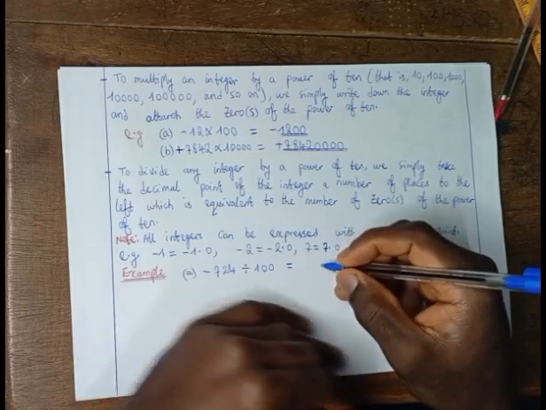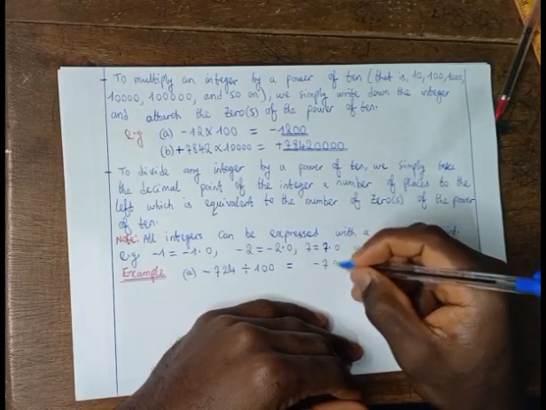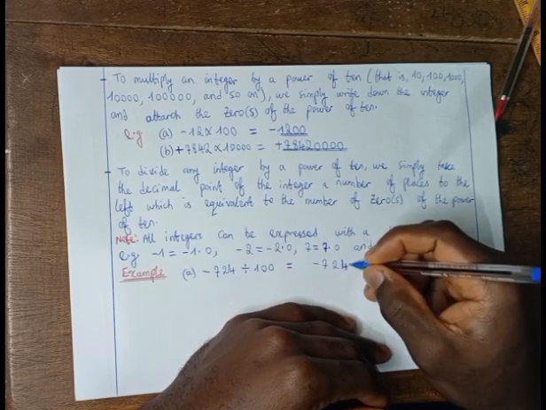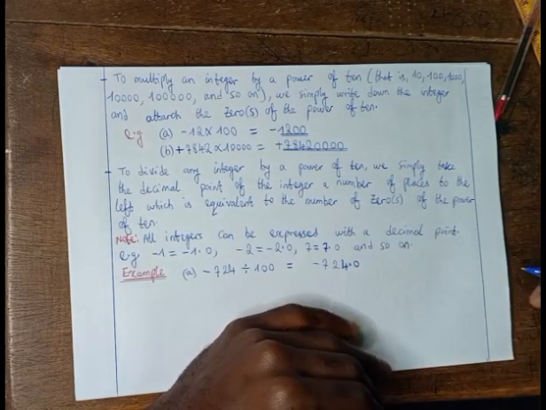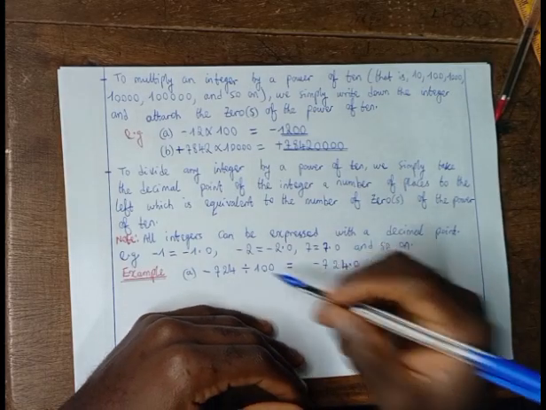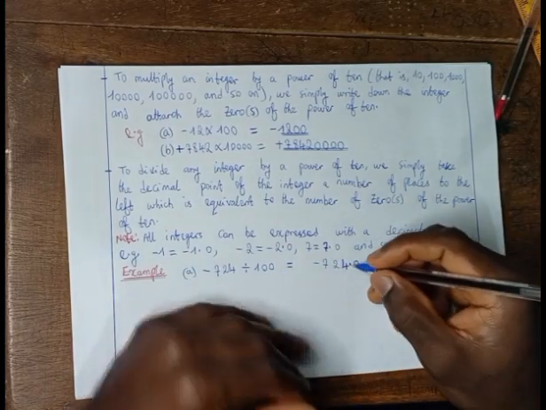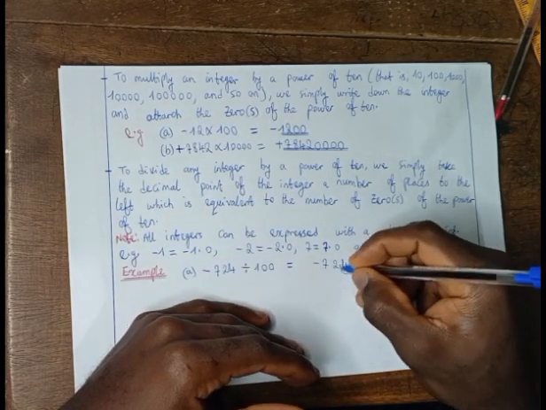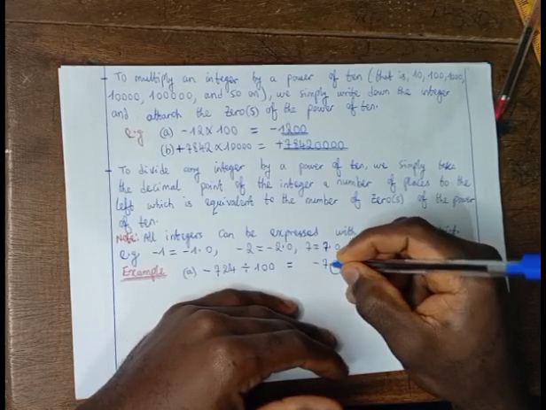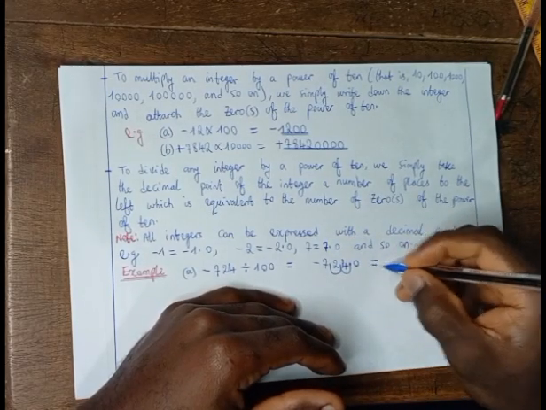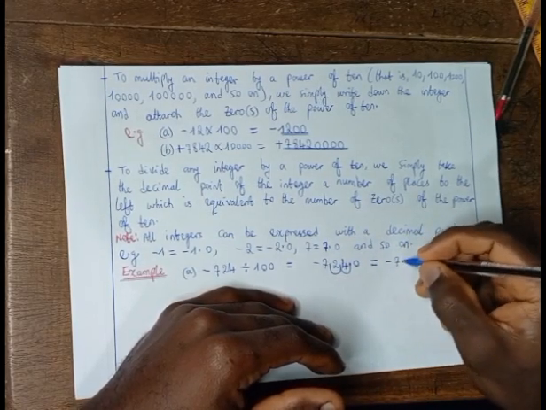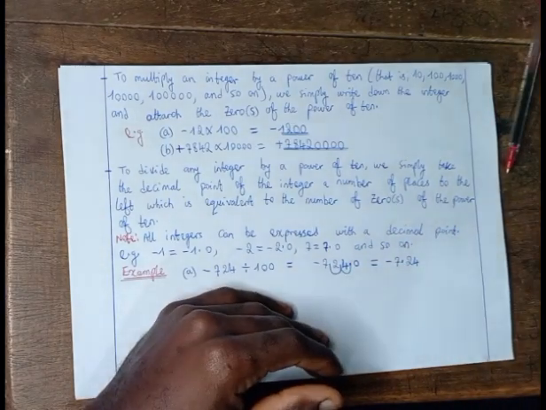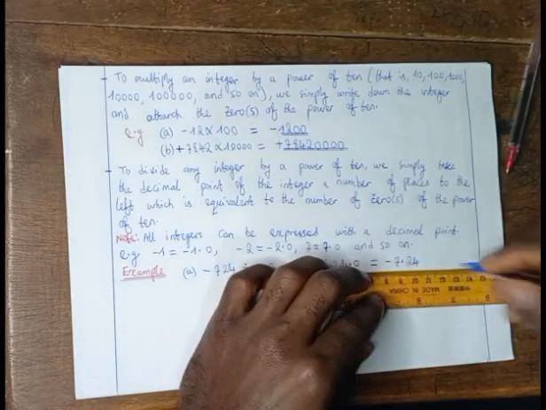We write down the number -724 with the decimal point after it, 0.0 like this. The power of 10 has 2 zeros, so we take the decimal point 2 places to the left, 1, 2. So the decimal point will be here, and this gives us -7.24. The 0 after the 4 has no use. Let's underline our answer.